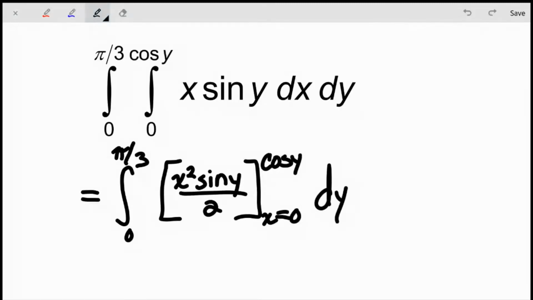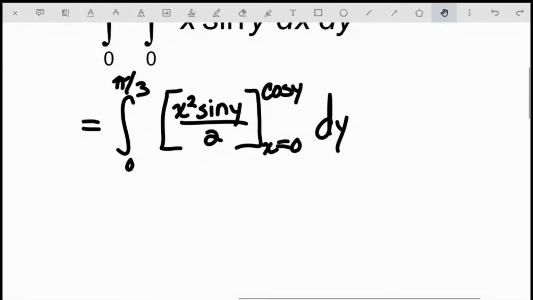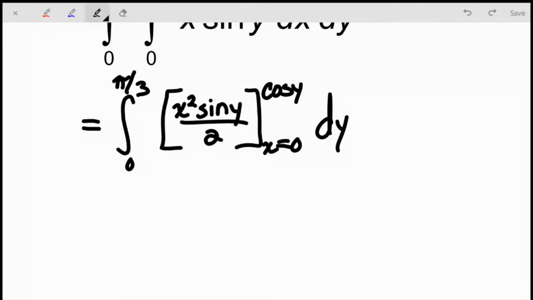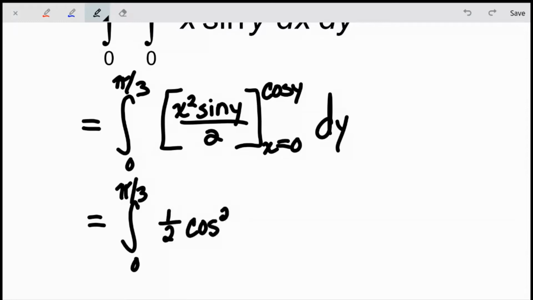Now we need to plug in our limits of integration, and then we're going to integrate with respect to y. When I plug cosine y in for x, I'm going to get cosine squared y sine y over 2, so 1/2 cosine squared y sine y.